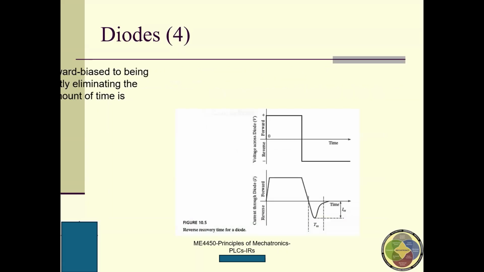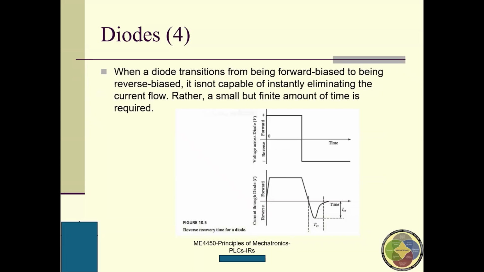This diode shows the transition from being forward biased to being reverse biased. It is not capable of instantly eliminating the current flow. Rather, a small but finite amount of time is needed. So this is forward bias, and you have current here.